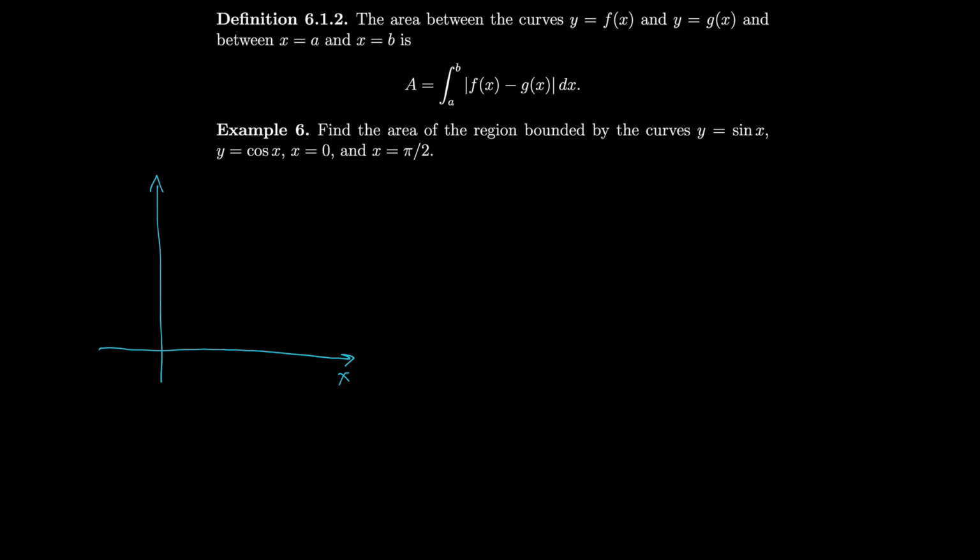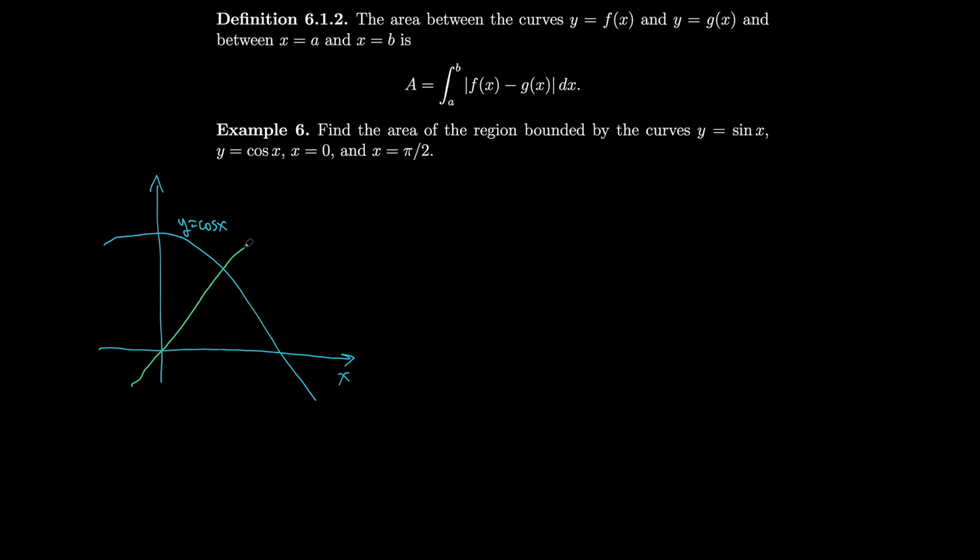Okay, can I draw cosine? Maybe. Let's see if I can now switch colors and draw sine. Oh, actually, let me label this first. This is y equals cosine x. Maybe. Depends whether you have good eyesight.